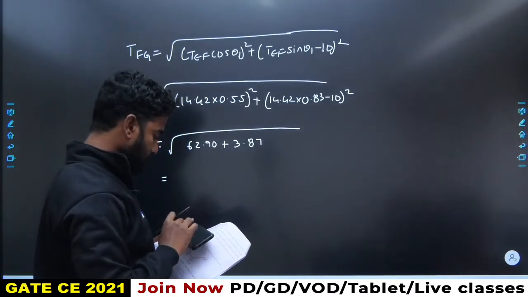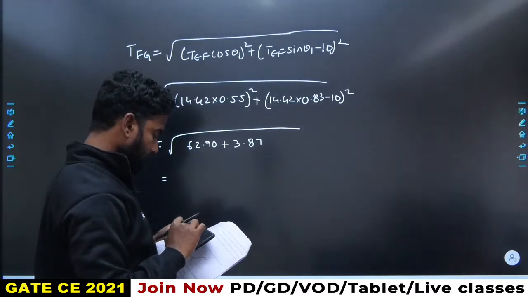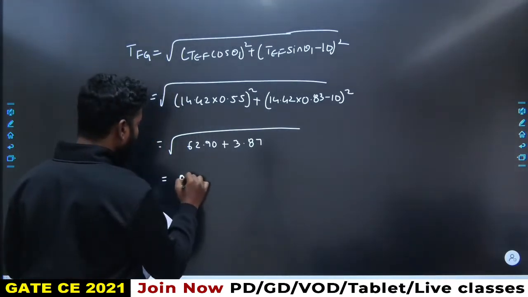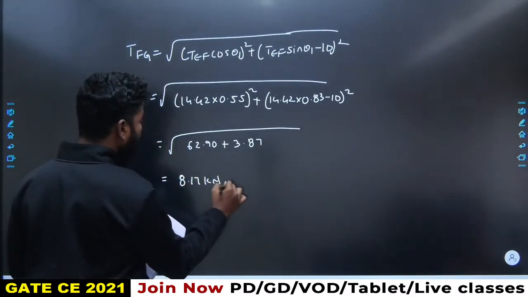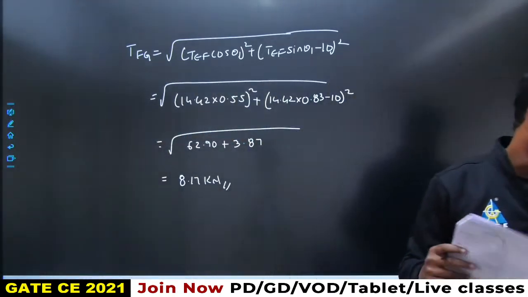Under root of 66.77, the answer would be 8.17 kilonewtons. Simple. So, the answer is approximately 8.17 kilonewtons.